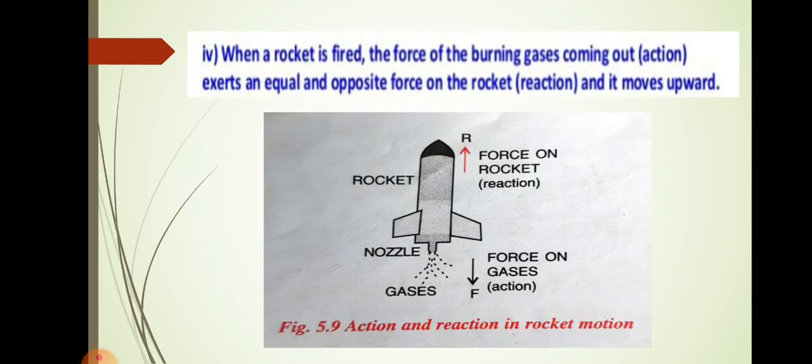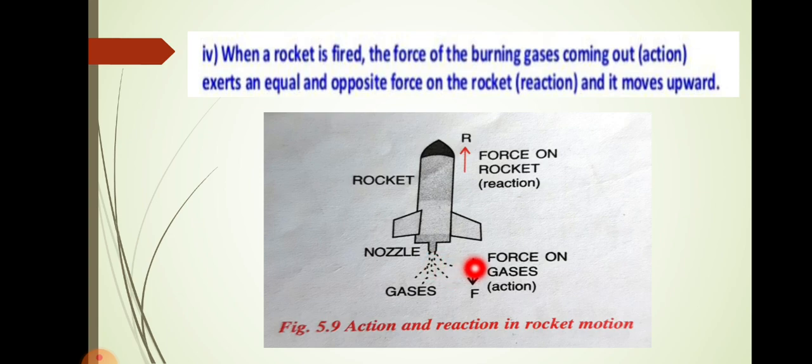Next, rocket motion. If you have observed, in a rocket, fuel is burnt inside the rocket, and the burnt gases at high pressure and high temperature are expelled out of the rocket through a nozzle. Thus, the rocket exerts a force F on the gases to expel them through a nozzle in the backward direction.